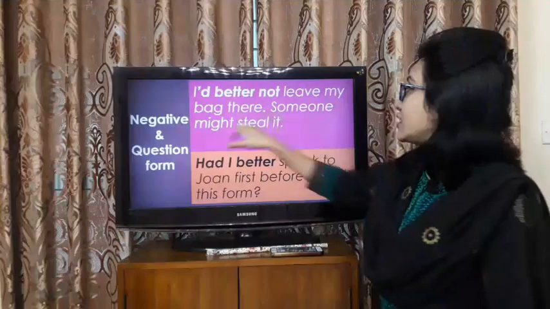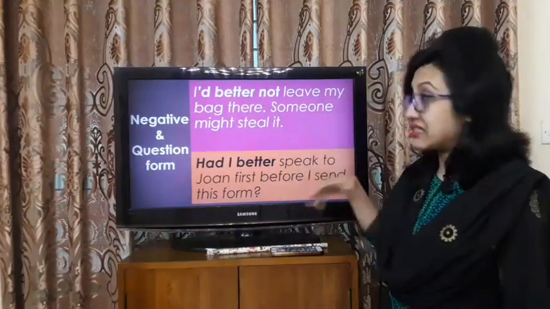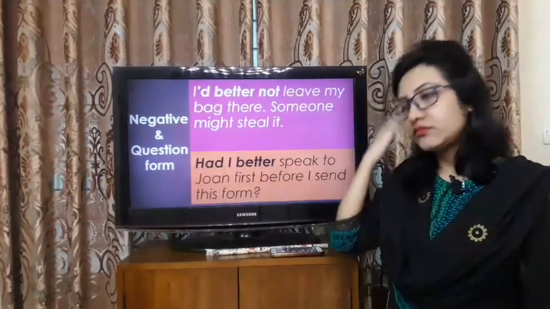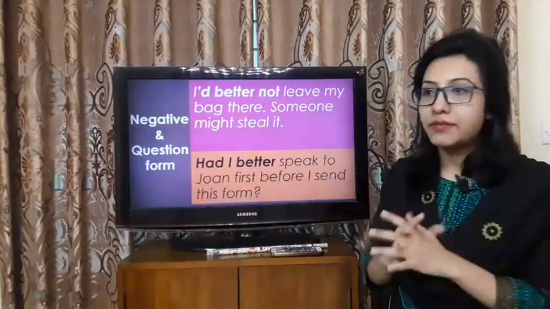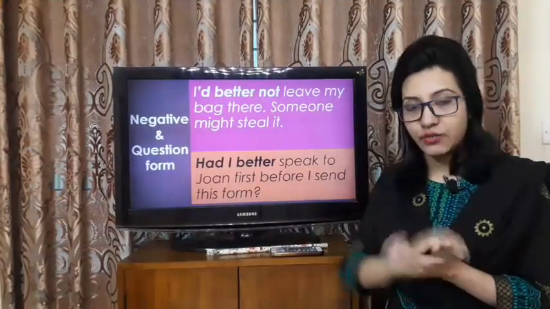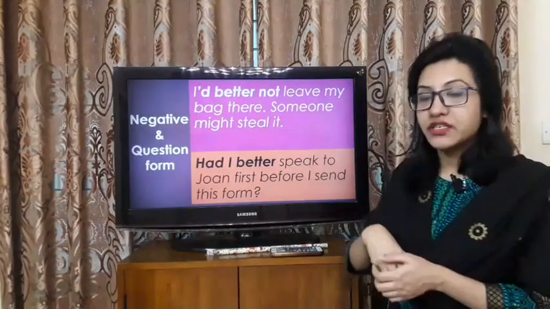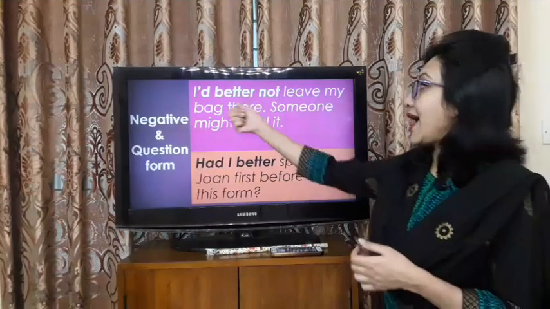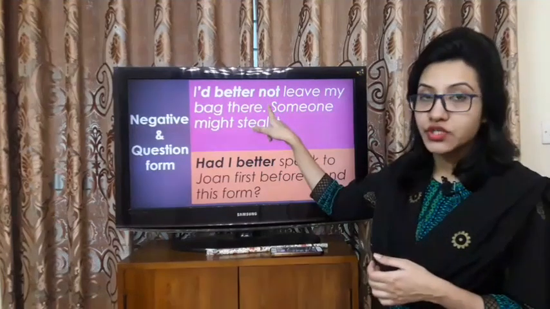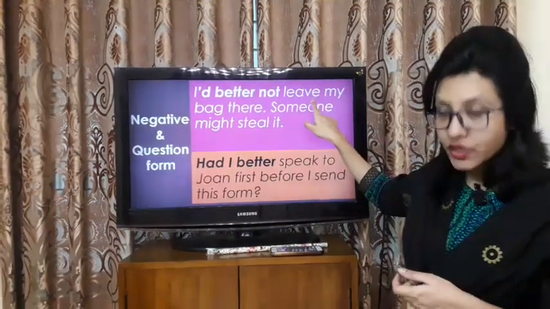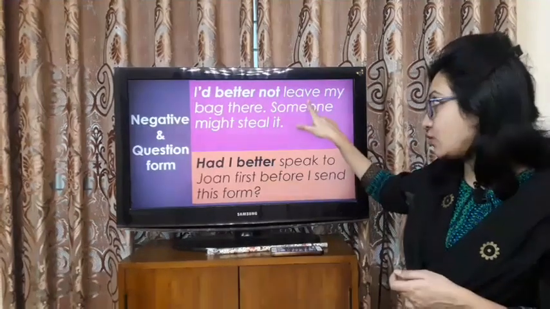I'd better not leave my bag there, someone might steal it. তাহলে সিচুয়েশনটা কি? ধরো আশেপাশে অনেক মানুষজন আছে, আমার ব্যাগটা চুরি হয়ে যেতে পারে. সো আমার এখানে কি করা উচিত না? অবশ্যই কোনোভাবে আমি এখানে ফেলে যাব না. So I'm kind of advising myself, I'm suggesting myself to not do something. So had better এর পরে just not use হয়েছে, and the verb that is going to be used should be in present form. অবশ্যই ভার্বটা প্রেজেন্টে হবে, কোনোভাবে এটা কিন্তু পাস্টে দিও না, ঠিক আছে.